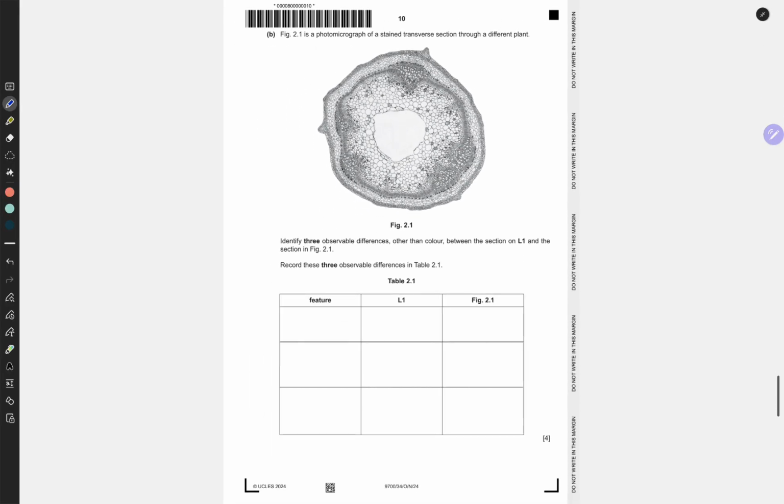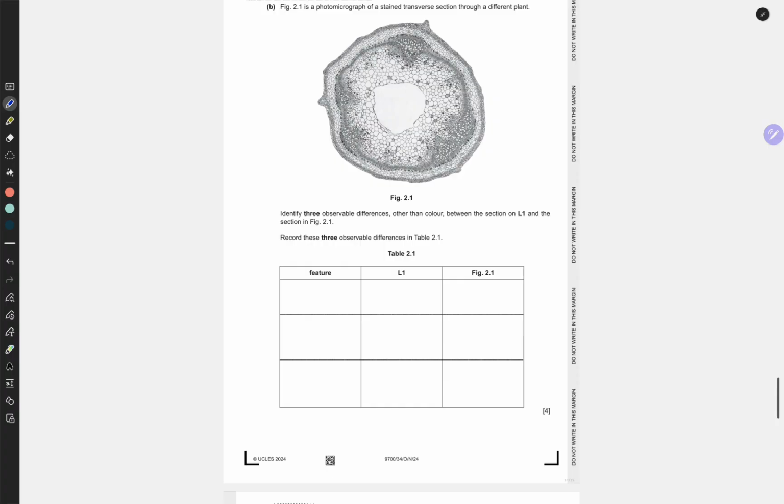Figure 2.1 is a photomicrograph of a stained transverse section through a different plant. Identify three observable differences, other than the color, between the section on L1 and the section in figure 2.1. Record these observable differences in table 2.1.